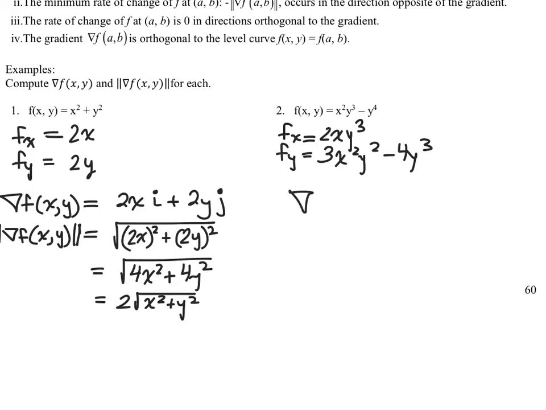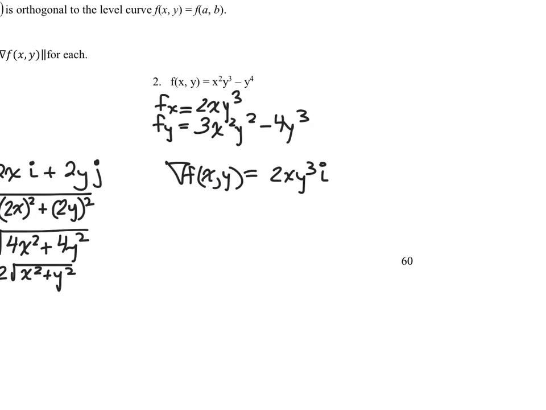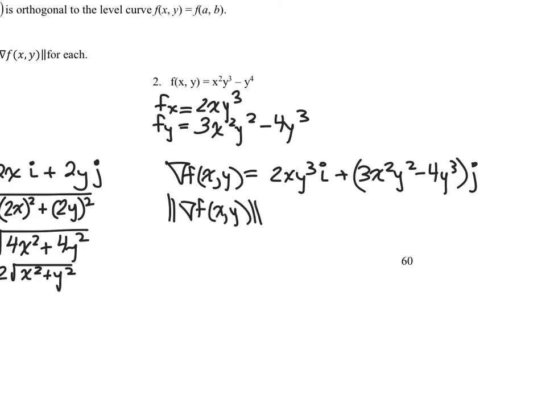The dot product between that and the standard unit vectors would give the gradient: 2xy cubed i plus (3x squared y squared minus 4y cubed) j, and the magnitude would be both of those quantities squared, thrown under a radical.